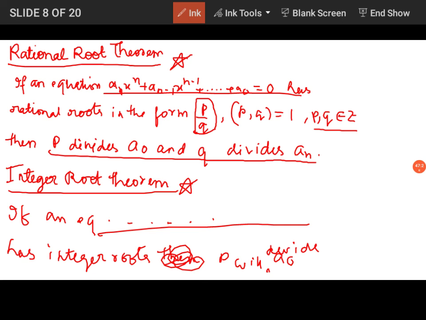So P will divide A naught. Correct? This was your rational root theorem and integer root theorem. Some amazing questions you can solve on the basis of these theorems. We will discuss it. Give me some time, I will bring extremely interesting questions.